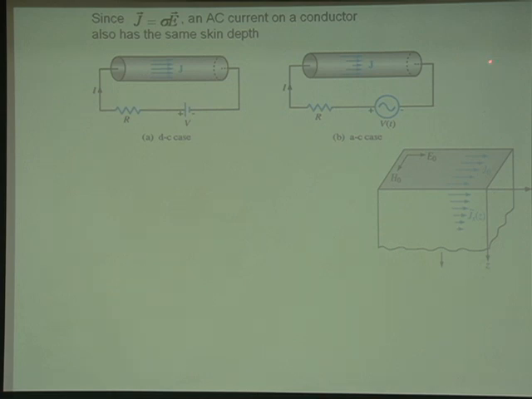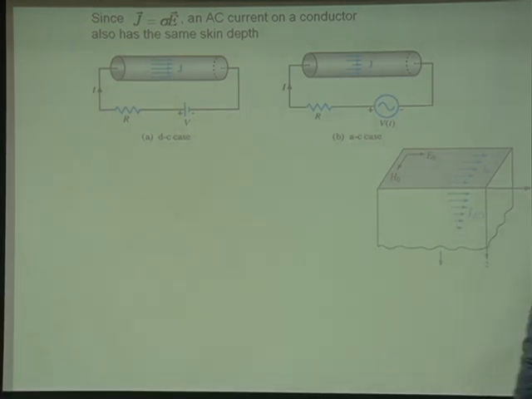Well, think about you have an electromagnetic wave incident on this piece of metal. The electric field and magnetic field will attenuate along this direction with a skin depth delta.